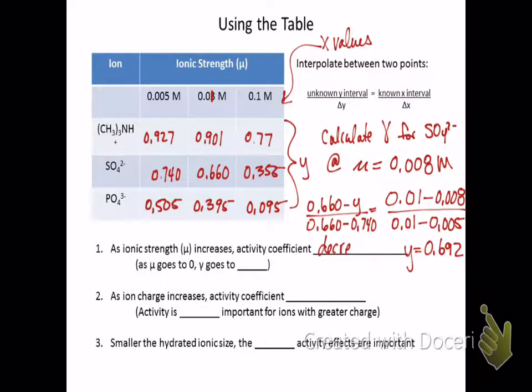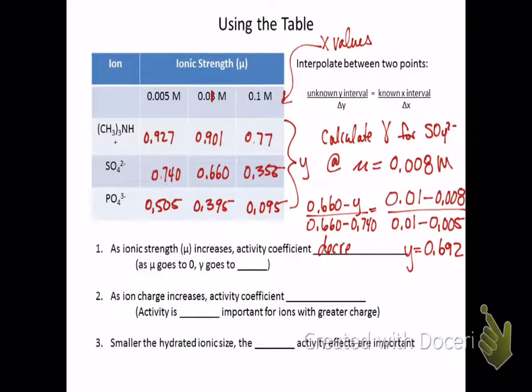So you can see here I've taken those values, I'm solving for the y value here and filled in all of my others using my concentrations, using my ionic strengths, and using the activity coefficients that I have from the table on the left.